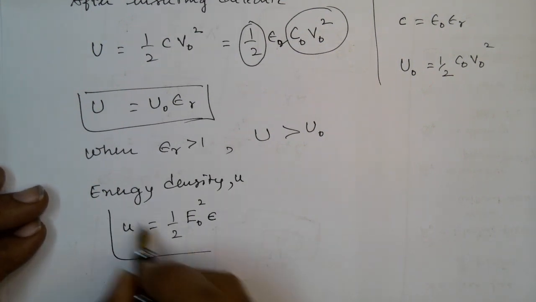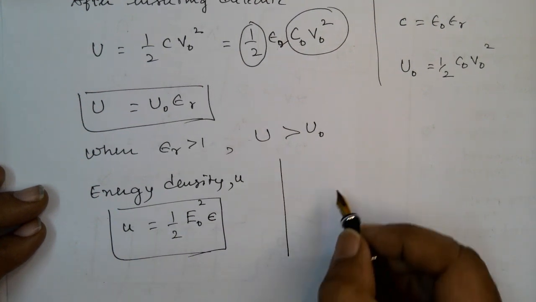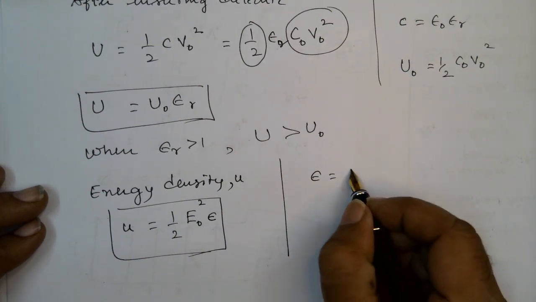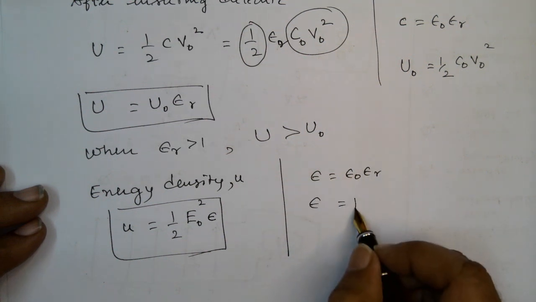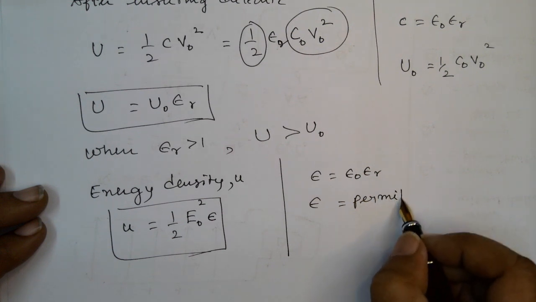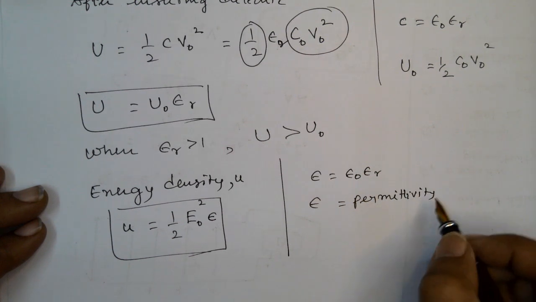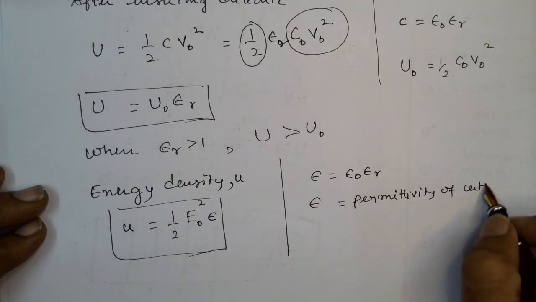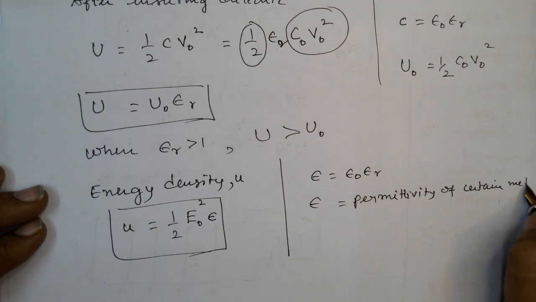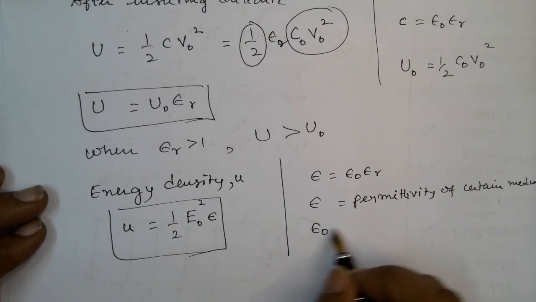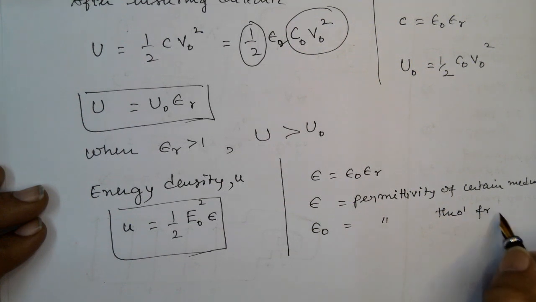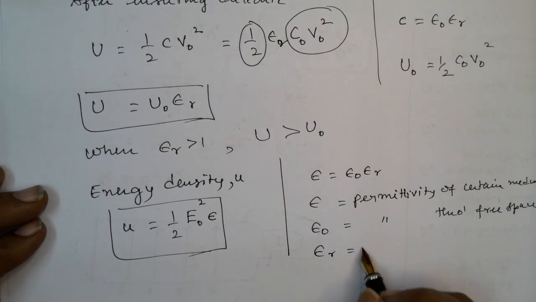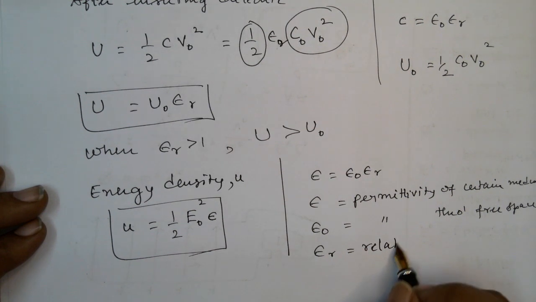So there is a very important equation where epsilon is equal to epsilon naught into epsilon r. It means epsilon is the permittivity of a certain medium, whereas epsilon naught means permittivity of free space, that is vacuum, correct, and epsilon r means relative permittivity of the medium.